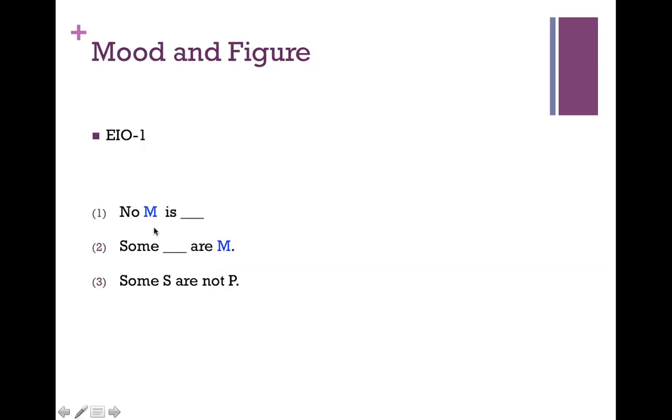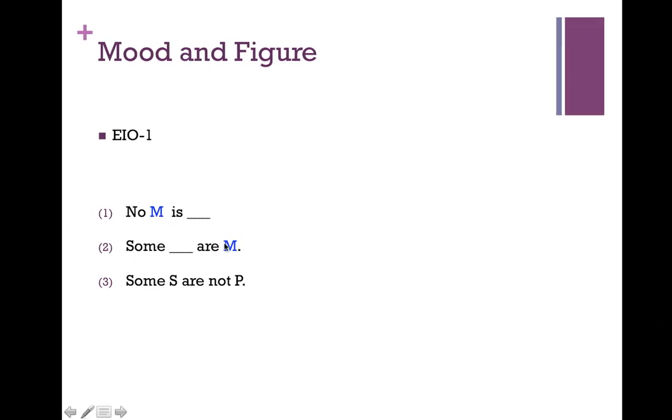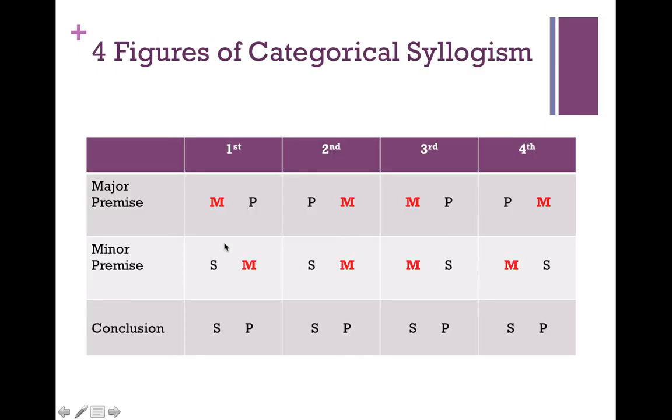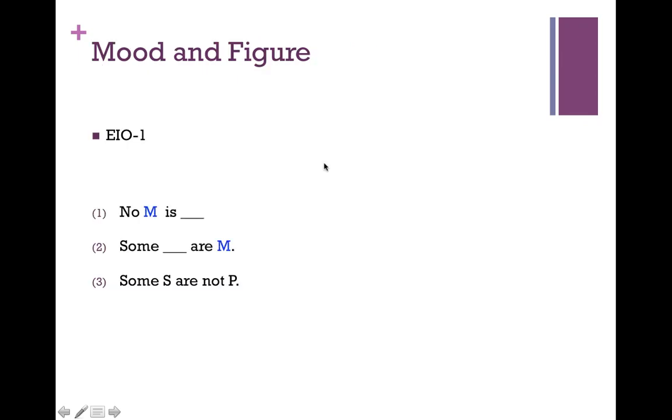So we put an M right here to represent the middle term. I'm basically just getting it off this chart. Then it's easy after that, because the major term occurs in the first premise, so we put a P there, and then we put the S in right here.